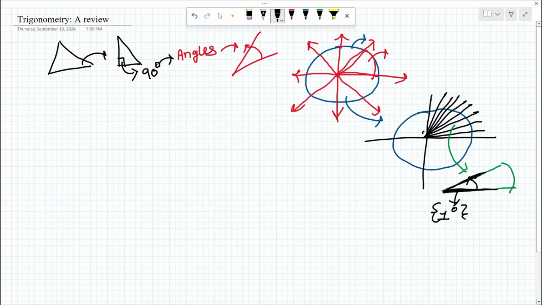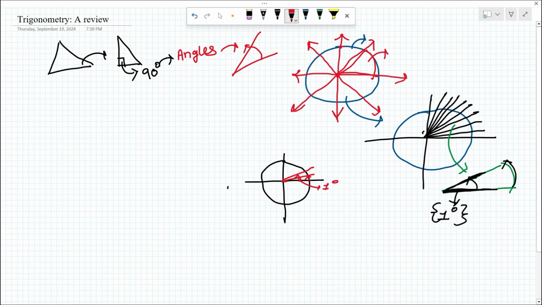So what is a degree? If I take a circle, chop it into 360 equal parts, then the amount of rotation equal to one such part is called 1 degree. So if I divide the circle into 360 equal parts, and I rotate by an amount equal to one part, it is called 1 degree.